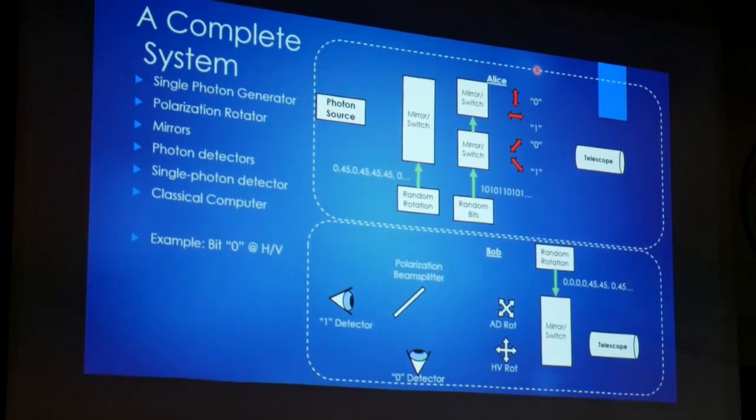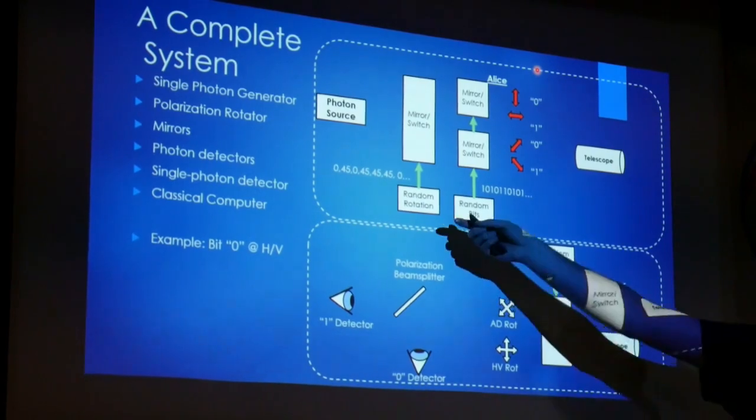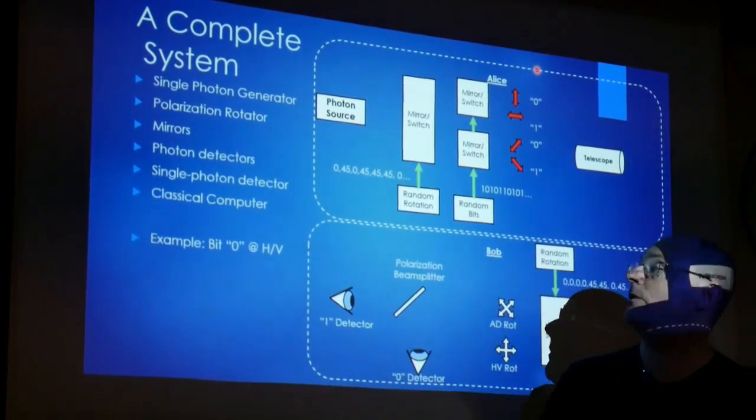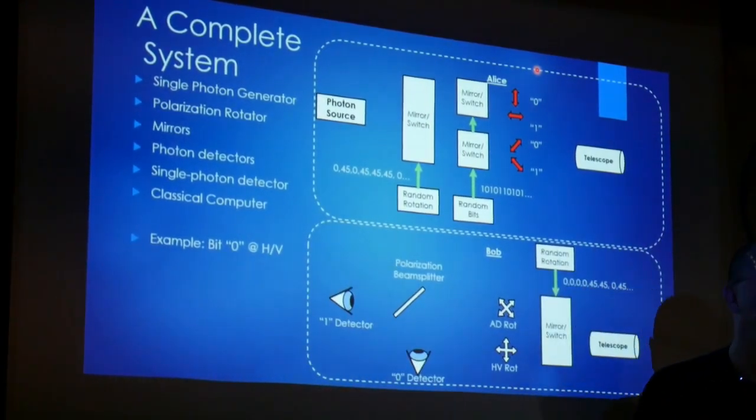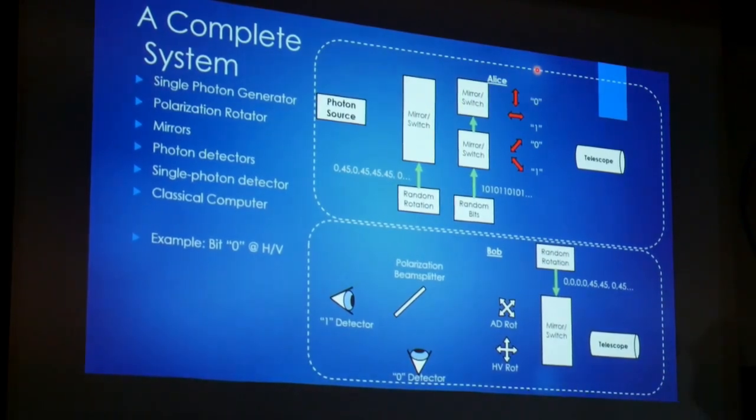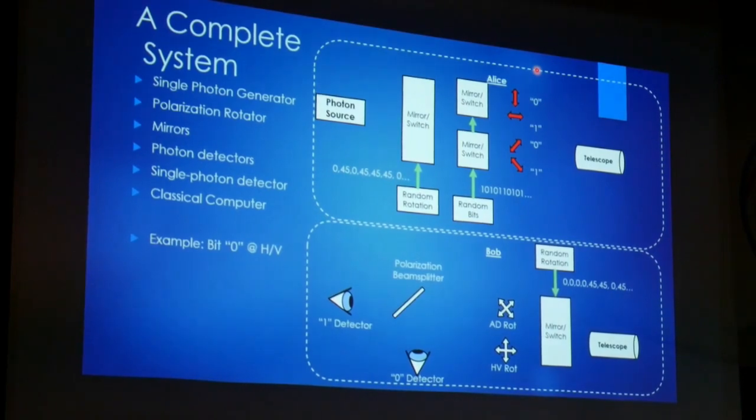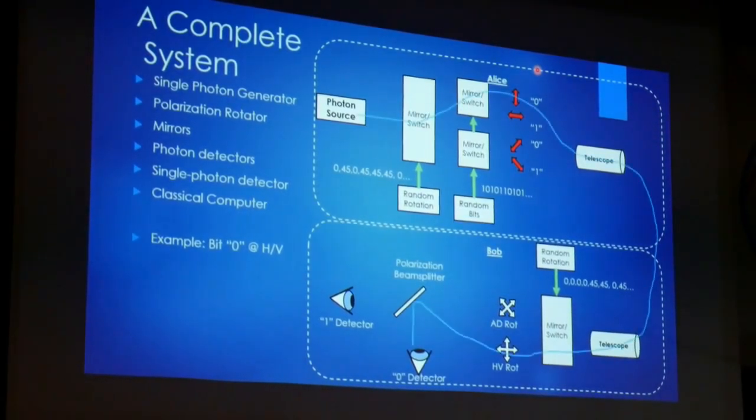Okay, so let's take a look at an example, life of a photon. We're starting with the first one that Alice has done, and she says the bit is 0, and the rotation is horizontal vertical, or what I call 0 degrees, right? So it's going to be up and down. And this is where you get to see what military-grade PowerPoint skills turn into. Here's the path.